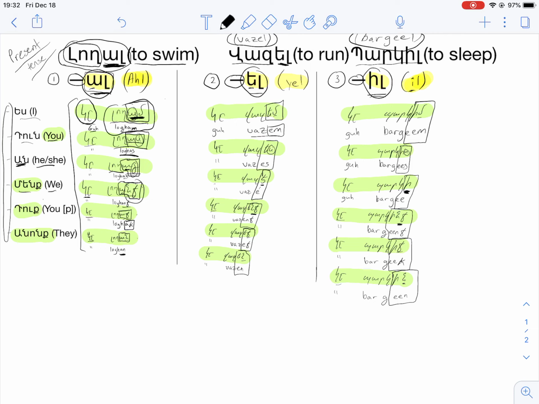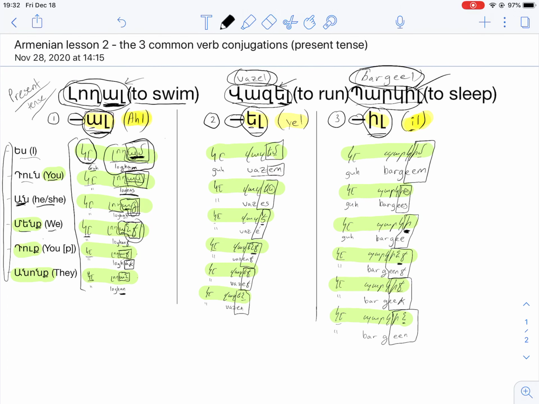I've given some regular verb examples here: to swim, which is loral, to run, which is vazel, and to sleep, which is bargil. So these are the three possible classic regular verb conjugations in Armenian.